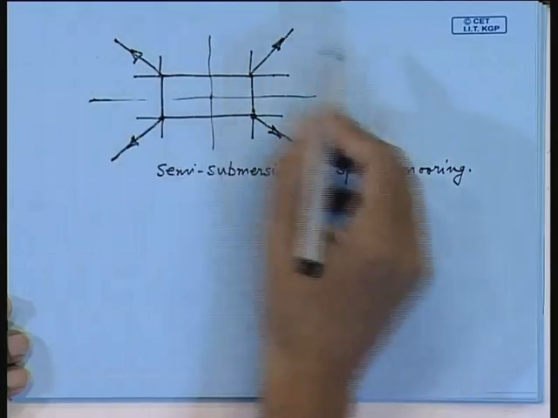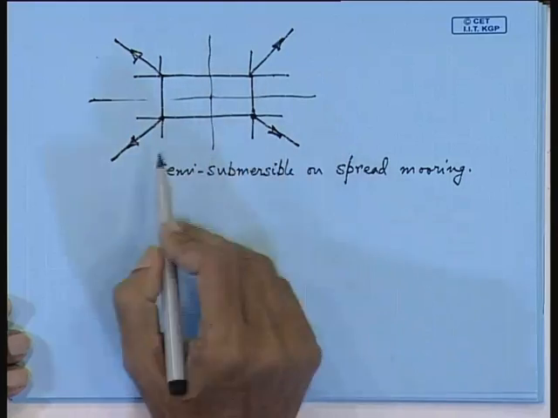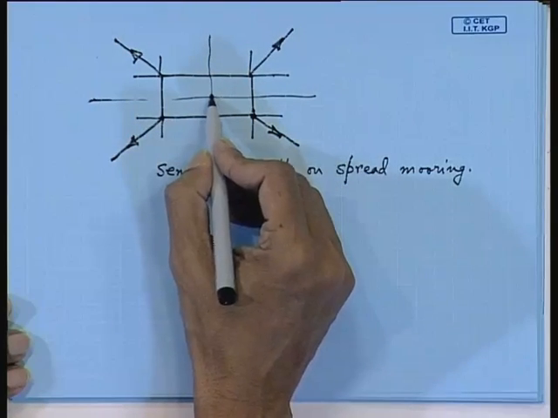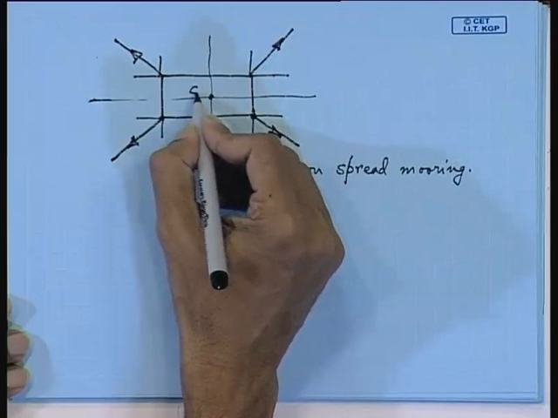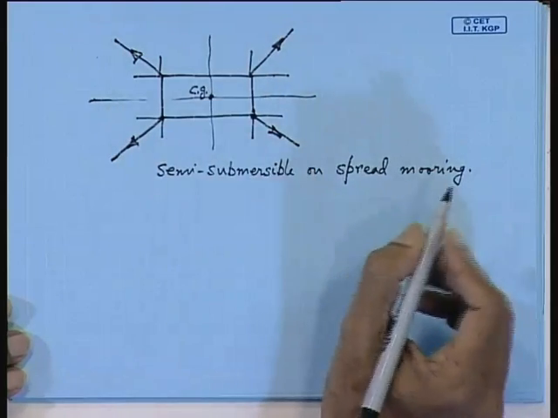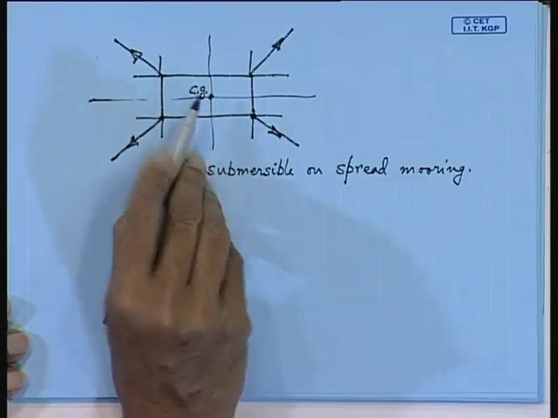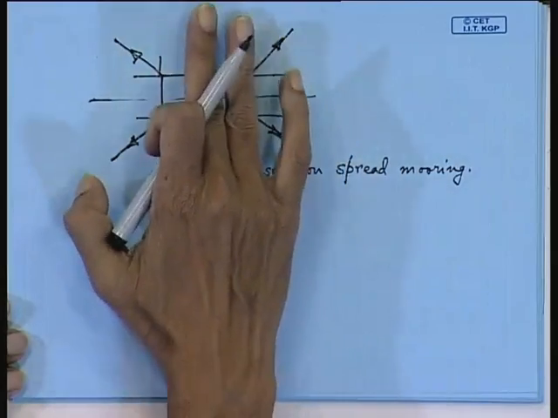Suppose you have anchored the semi-submersible in this form. If you take the CG of this semi-submersible, say at the center, it will be located somewhere here. Once this CG is going in this direction, then it is going like this.